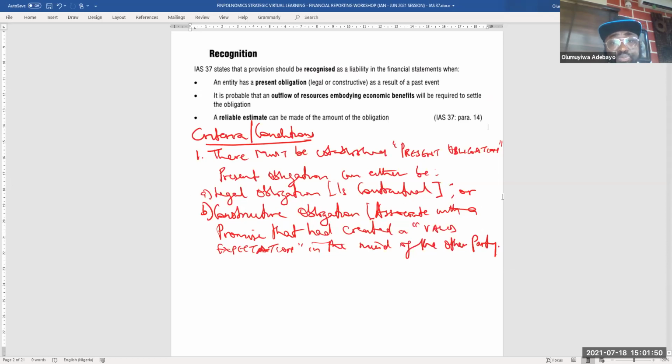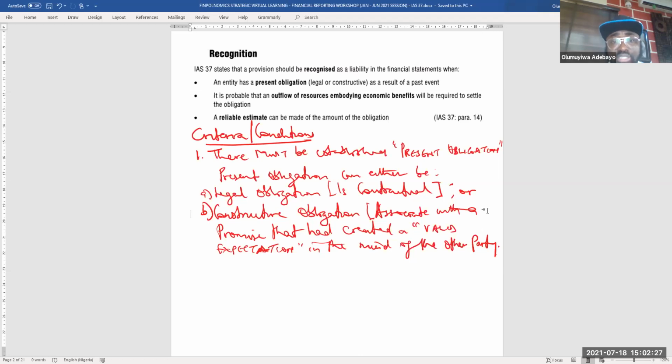Now, let's give an example of constructive obligation. A constructive obligation might be where an entity, by way of pattern of past practices, has continued to do something for the immediate community where it operates. So that the day you stop doing that, you create an environment that's no longer enabling, an environment that can create civil unrest, an environment that can become a negative trajectory to your business sustainability.